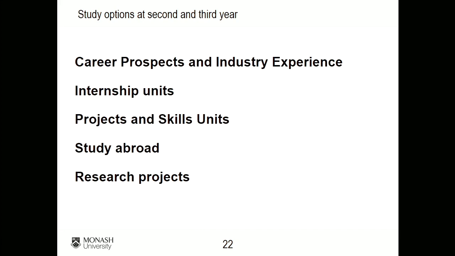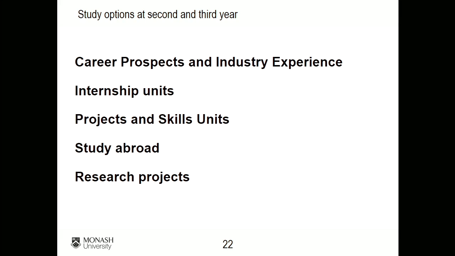And once you complete first year, there's a whole range of options at second and third year, including things like industry experience and internship units. So you can actually work, or you can apply for an internship and have that counted as credit towards your course. There are a range of projects and skills units that the Faculty of Science offers.